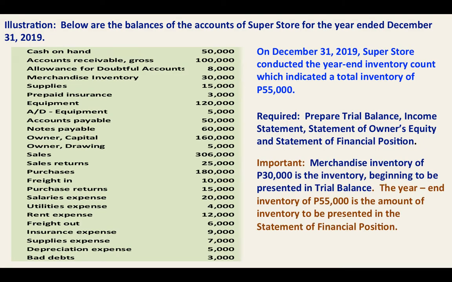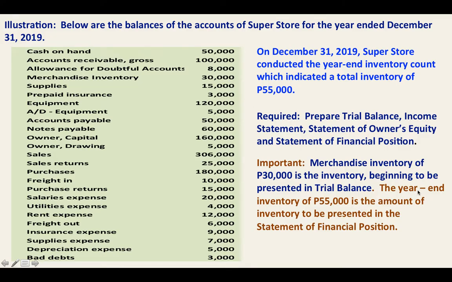We have here an important information. It states that merchandise inventory of 30,000 is the inventory beginning to be presented in the trial balance. So it says that this 30,000 is the beginning inventory that should be presented in the trial balance.